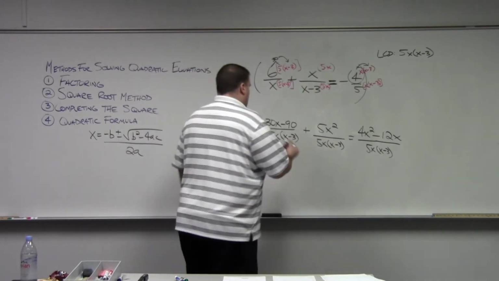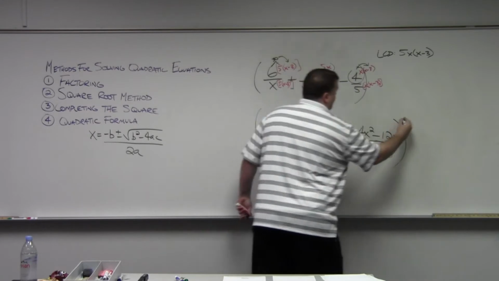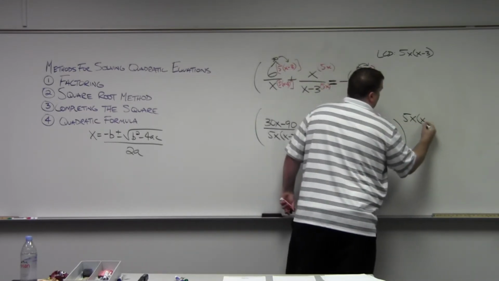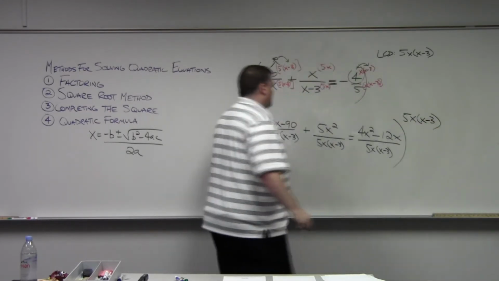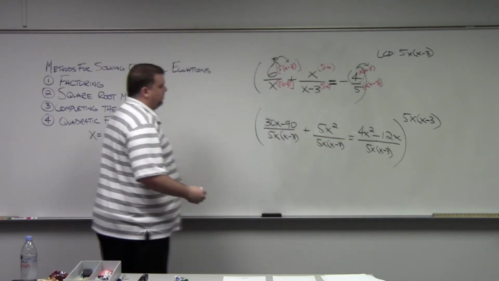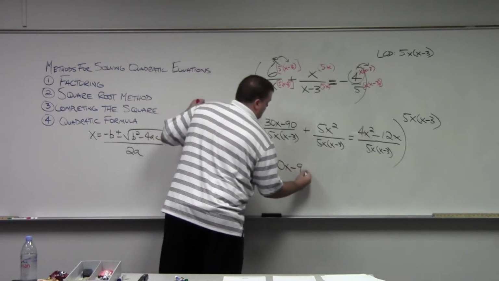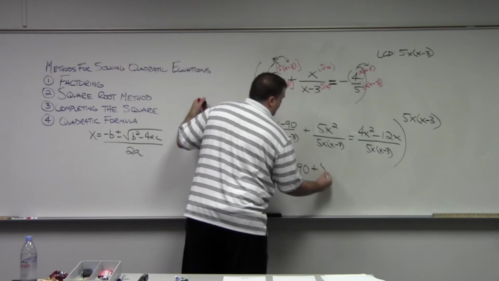With all my fractions having the same denominator, I can just multiply by my LCD. And what's going to happen to all those denominators? They're going to disappear. I'll just be left with the numerators.